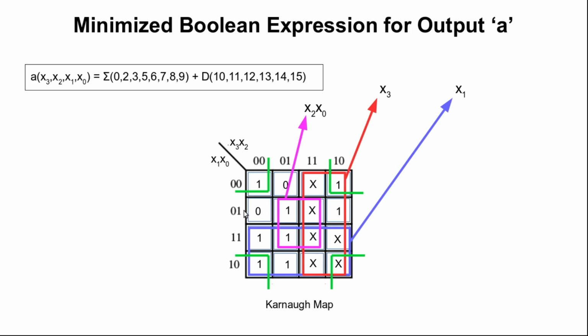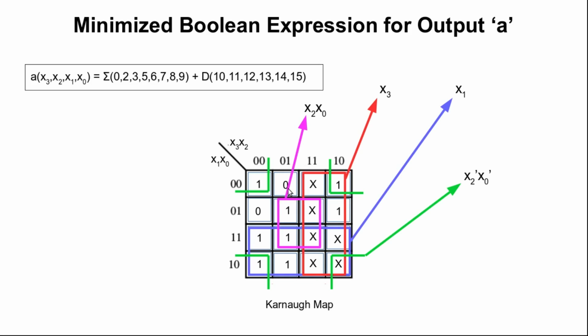And row wise, it consists of these two rows, 0, 1 and 1, 1. And when we look at the value 0, 1 and 1, 1, we see that x1 is changing, but x0 is not changing. x0 is 1, so it will appear as x0 in the product term. So x2 and x0 will be the product term.